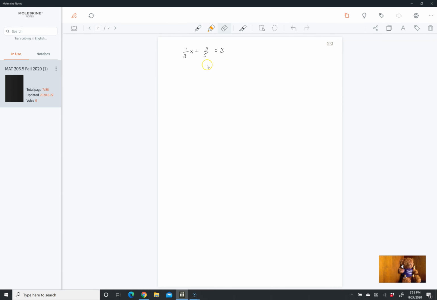Okay. So this is an example where we go to the greatest denominator, and we're saying, is it a multiple of every other denominator? So keep in mind that this is a 3 over 1.